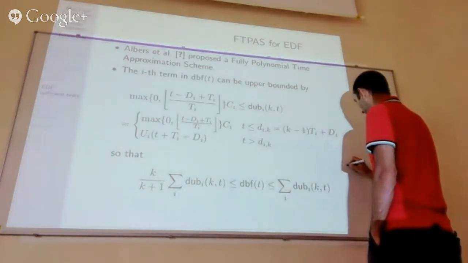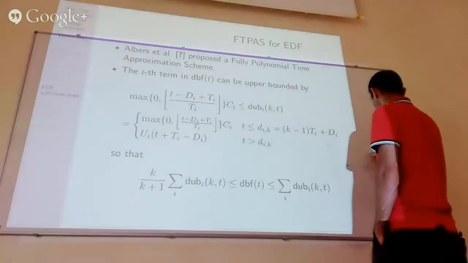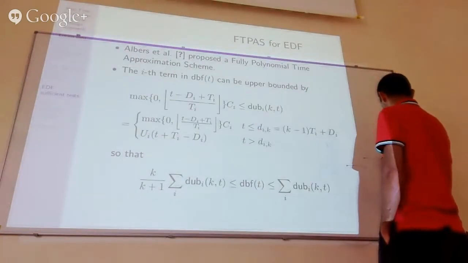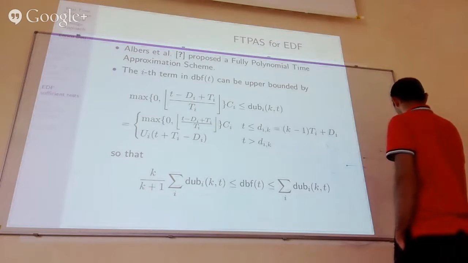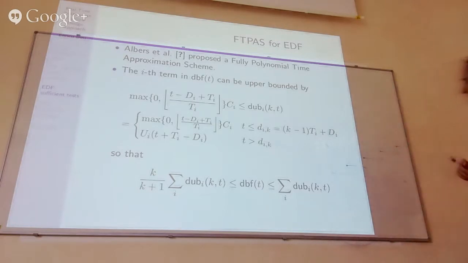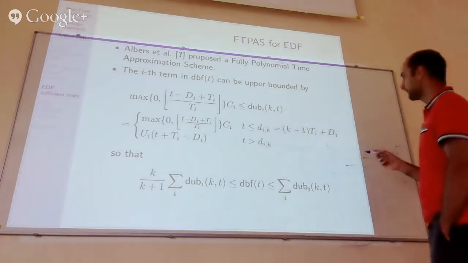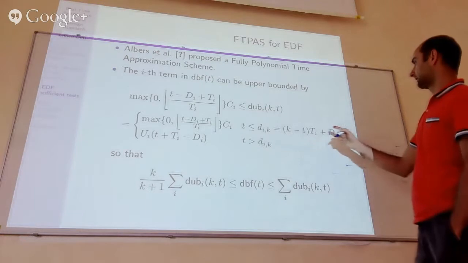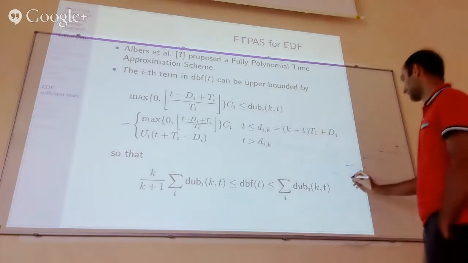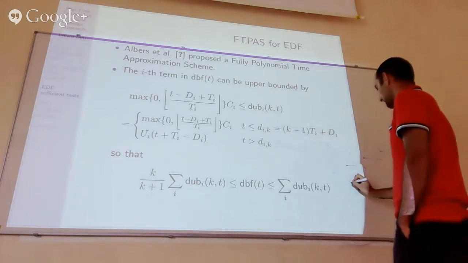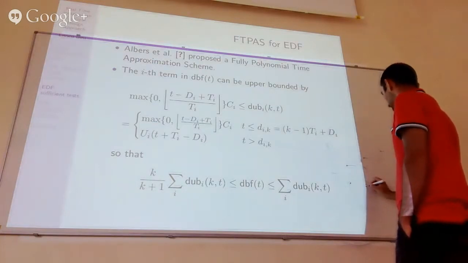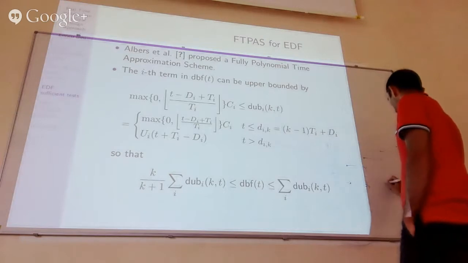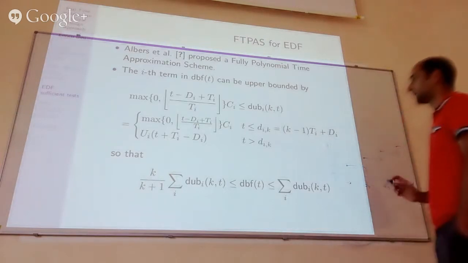So this is the DBF of one task. Basically, k is the index of the absolute deadline: this is the one, the I1, the I2, the I3.